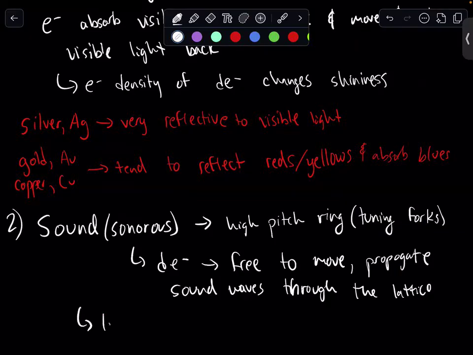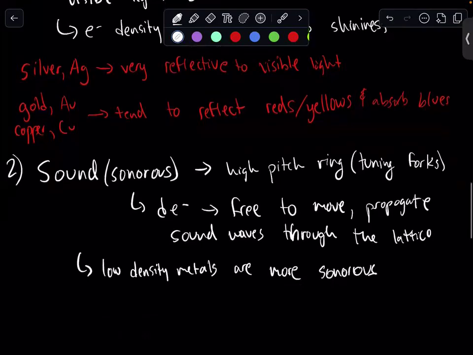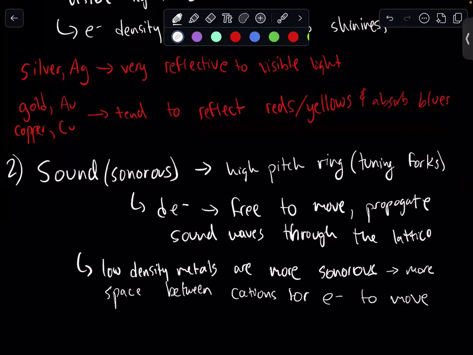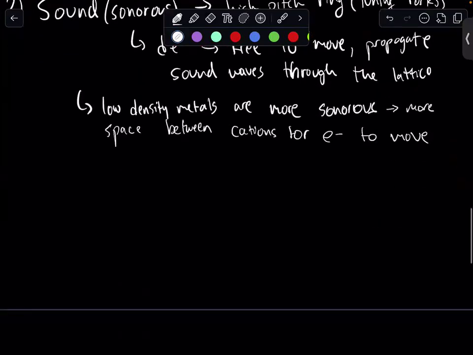Something you'll generally tend to notice is low density metals are more sonorous. And that's because they have more space in the lattice for electrons to move, more space between cations for electrons to move. So that sound quality comes from, once again, these electrons.